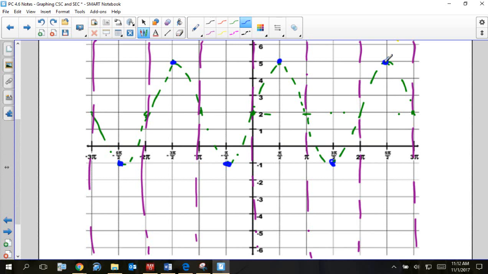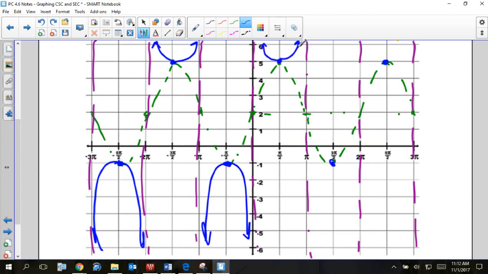So if it's a minimum point, it's got to open down. If it's a maximum point from the sine function, then it's going to open up. From the sine function, if it's the bottom point, then the cosecant is going to open down. So they're not going to cross over the sine function ever, going away from the sine function.